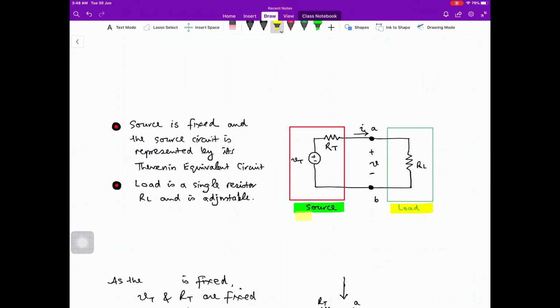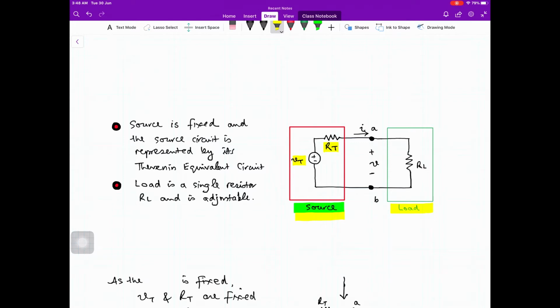Fixed source means there is no change in the source, and at present the source is represented by its Thevenin equivalent, only two elements, but the actual source may consist of several voltage sources, current sources, and resistors.